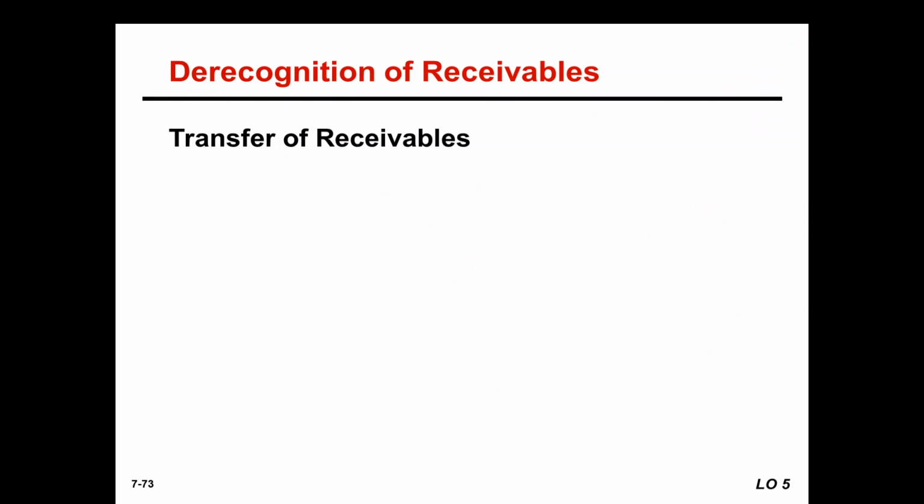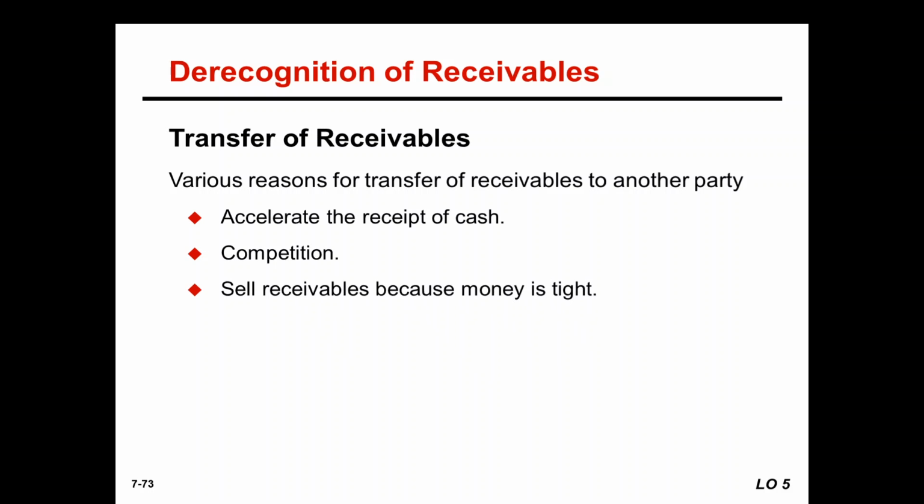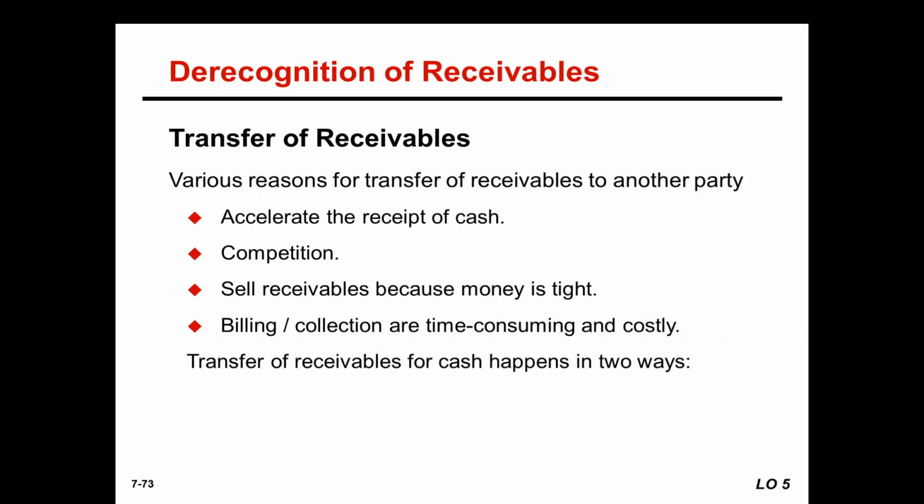The company can transfer receivable because it wants to accelerate the receipt of the cash.